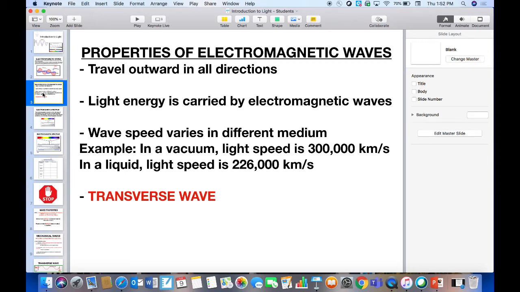The wave speed of these electromagnetic waves can vary, and it varies depending upon what medium, what type of matter they are traveling in. For example, in a vacuum, no matter present in space, light has a speed of 300,000 kilometers per second. But take a look at what happens when those electromagnetic waves move through a liquid, something a little bit less dense.